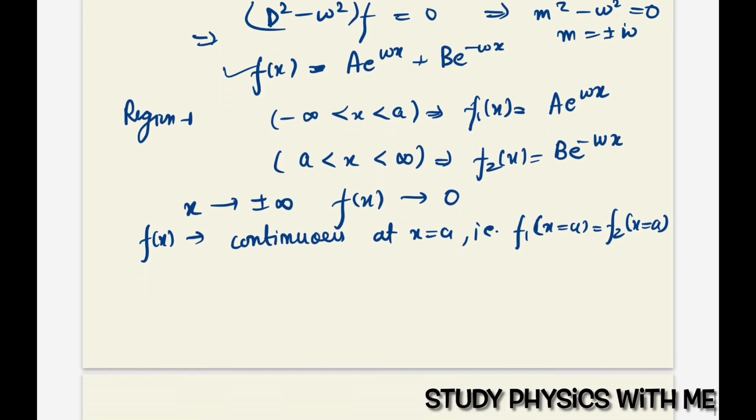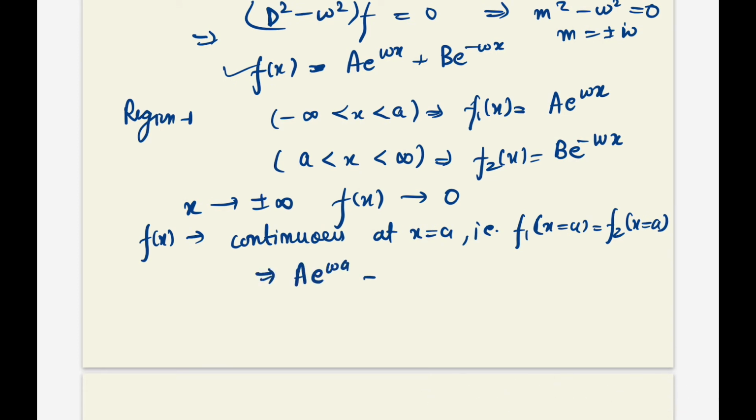So this becomes a e to the power omega a equals b e to the power minus omega a, putting this condition over this one.